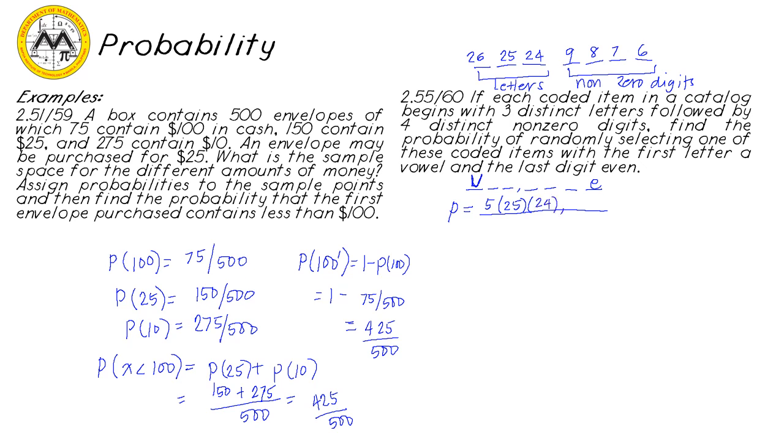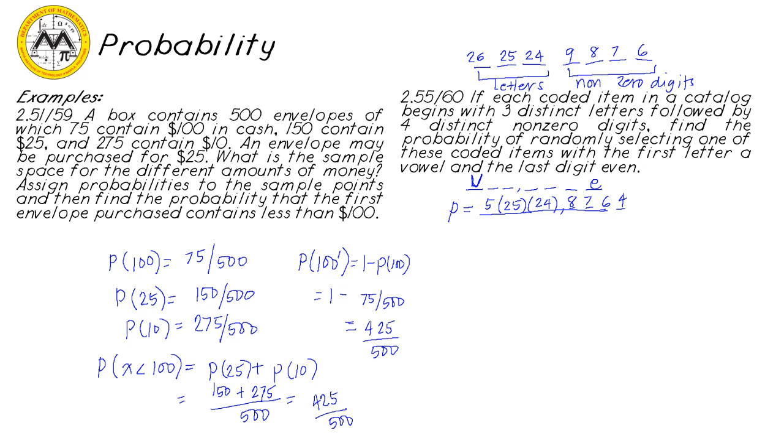And then 1, 2, 3, 4. It must be even. So how many even non-zero digits do we have? We have 4: 2, 4, 6, and 8. And then from the 9 options, we have now 8 because we have chosen one already, 7, and then 6.